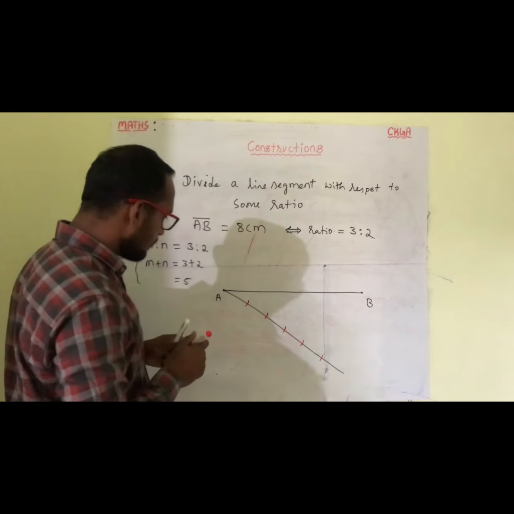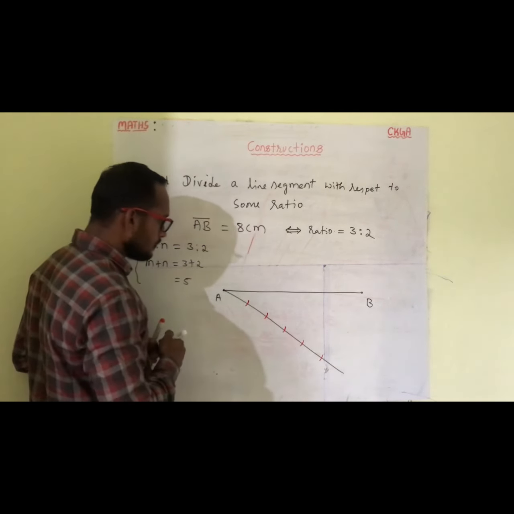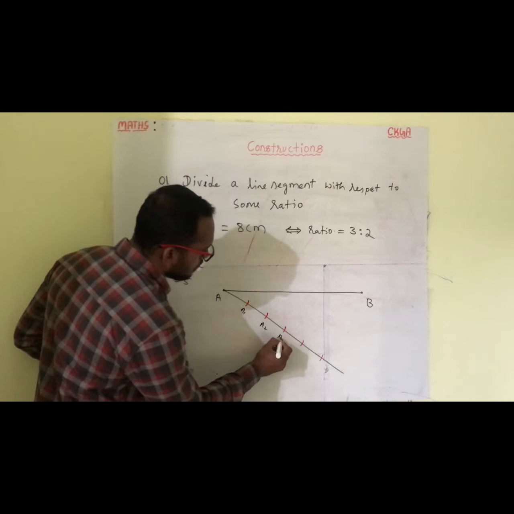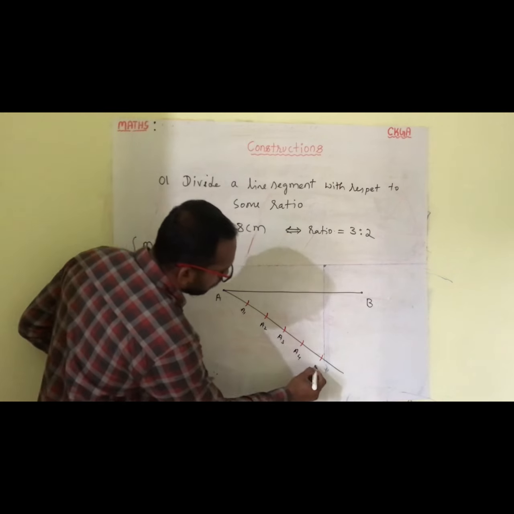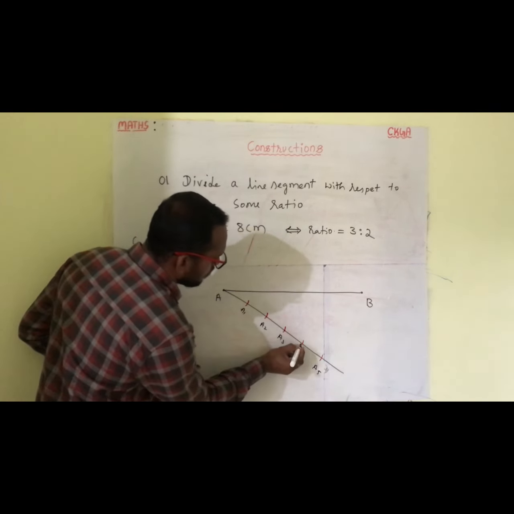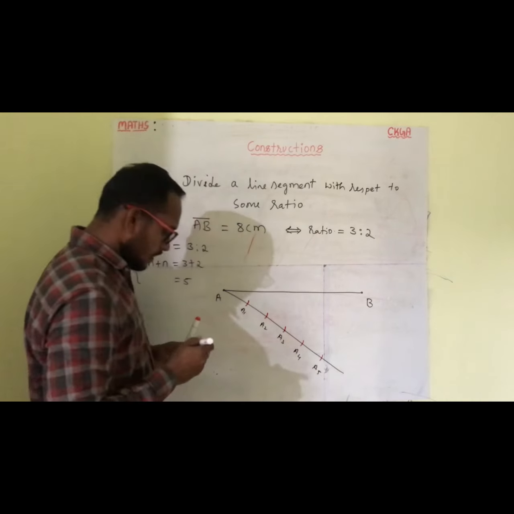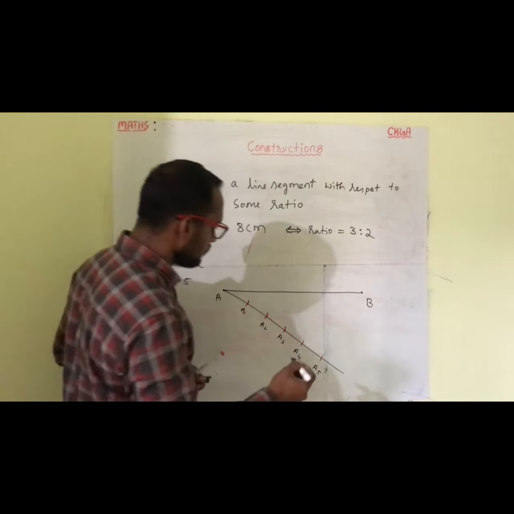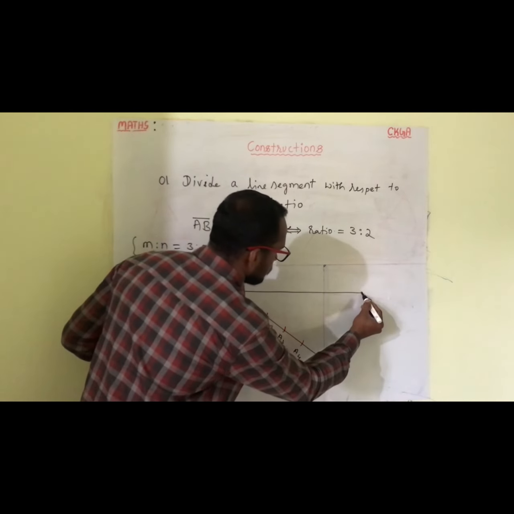Starting from A, name the points A1, A2, A3, A4, A5. Just mark the points. These points are very essential. Once you reach the 5 parts, finally you join A5B.